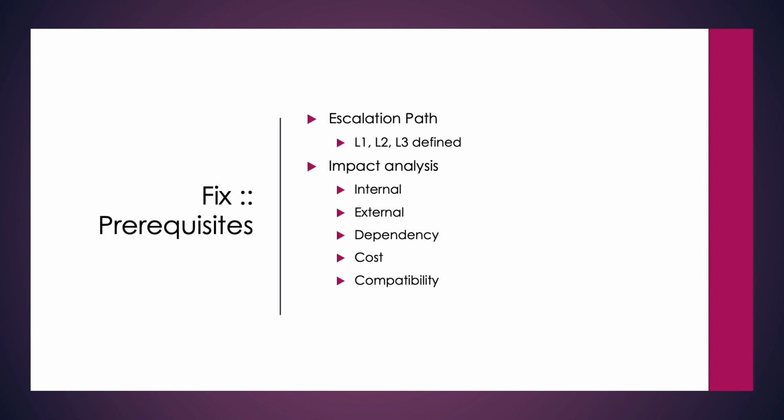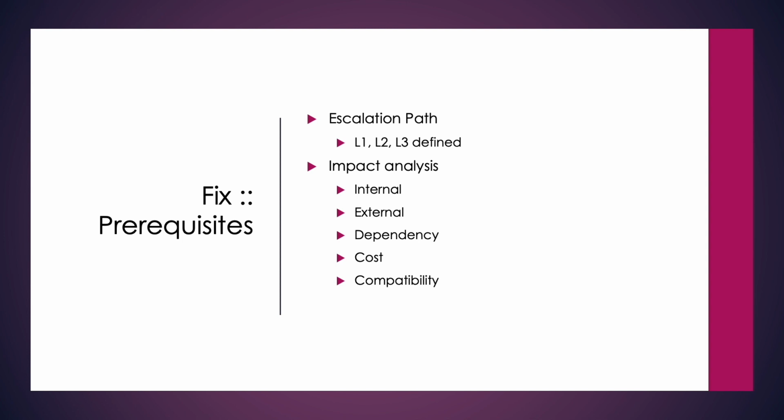So what are the requirements in this phase? Firstly, you need to have a clear escalation path. A few examples: who will take responsibility for each level, what is the expectation from each level, and how to collaborate between level 1, level 2 and level 3. And the next one is the impact analysis.